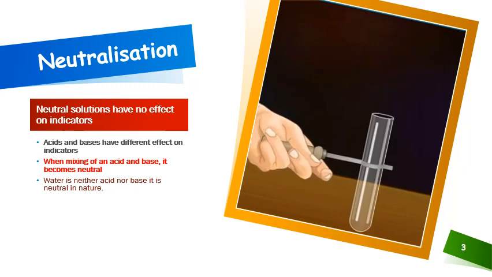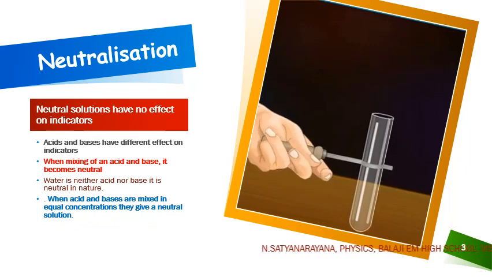Okay, so like that, we'll do one activity also. What is it? Let us see. When you take an acid and a base and mix them in equal concentrations, they give a neutral solution. How it behaves, let us see with an activity.